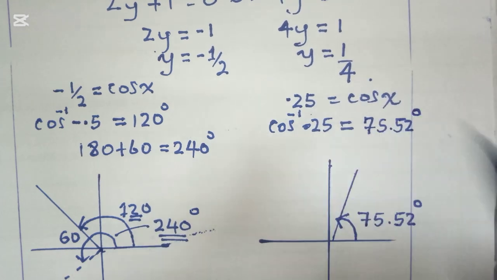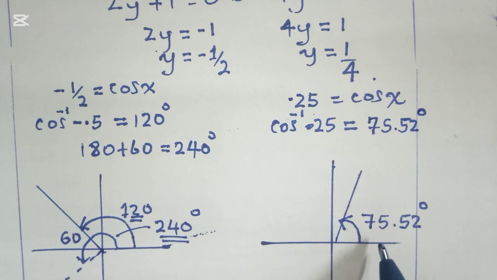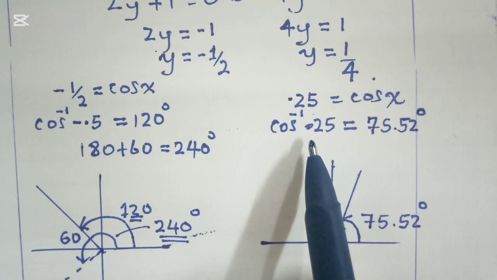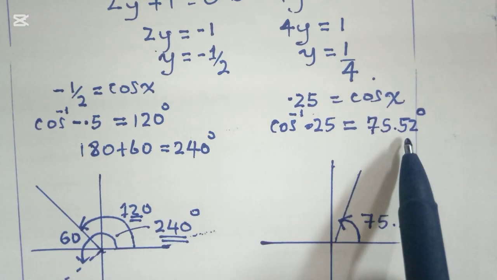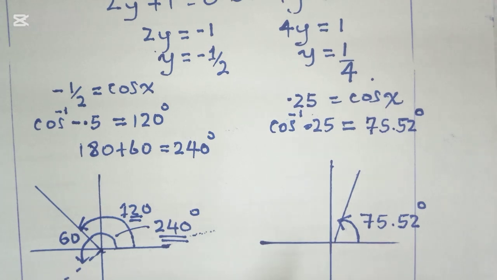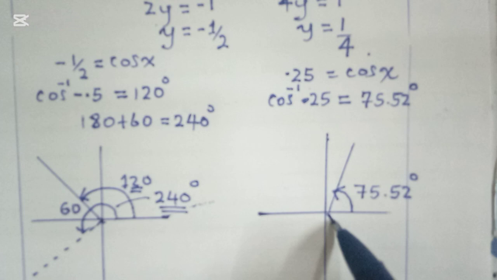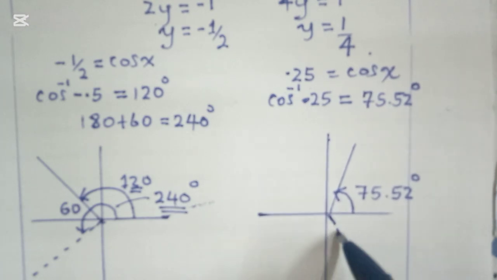So I can write here 75.52 degrees. We look for another value that will give us the same answer as 75.52. As you can see, cos is positive here, and it is also positive this side. So guys, we are also going to have this side. Here we are going to have another value.